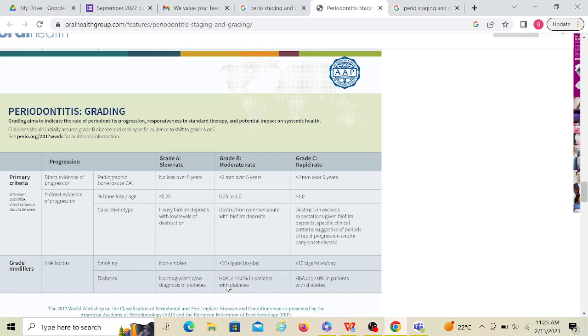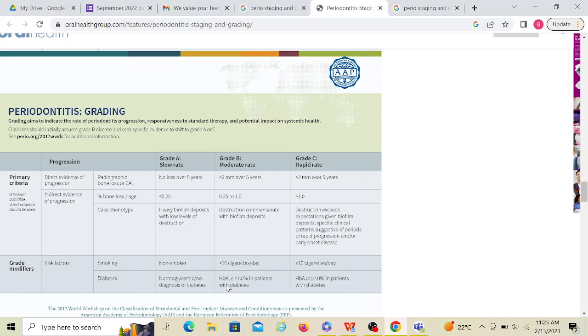Hence, grade C. Now, if the question says that the patient is having a recession all over of more than 5 mm and there is furcation involvement of class 2 type, but the patient is a non-smoker and does not have any diabetes, what does the classification become?